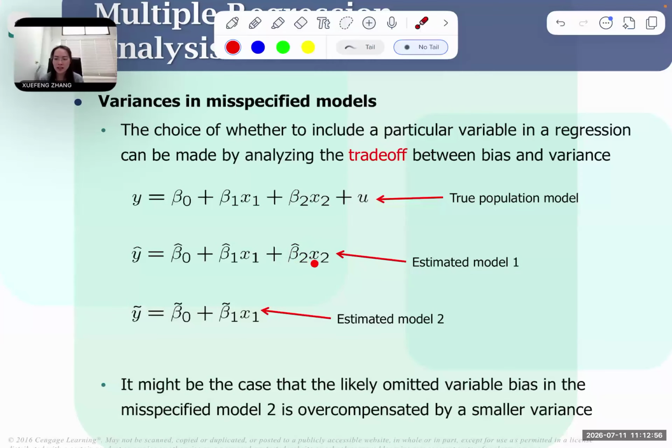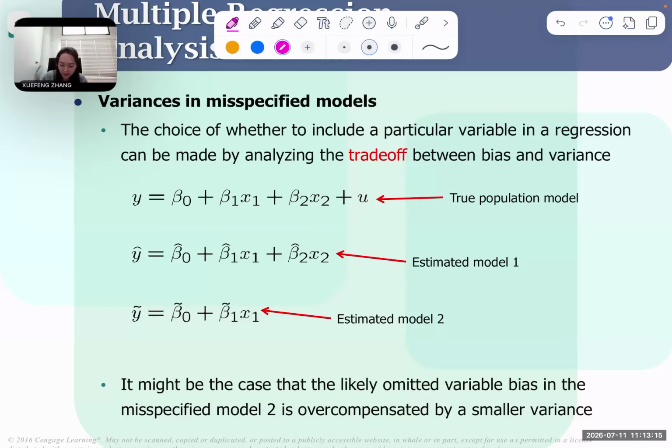This is correctly specified, so beta 1 hat is unbiased, but remember, including x2 means less pure variation left in x1, so beta 1 hat has higher variance, okay?